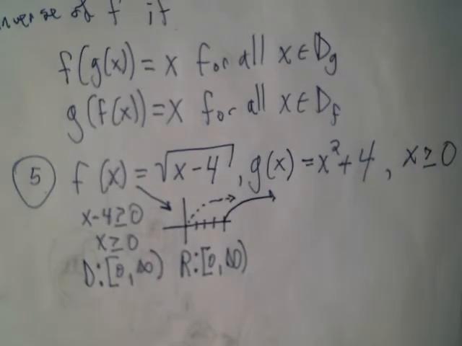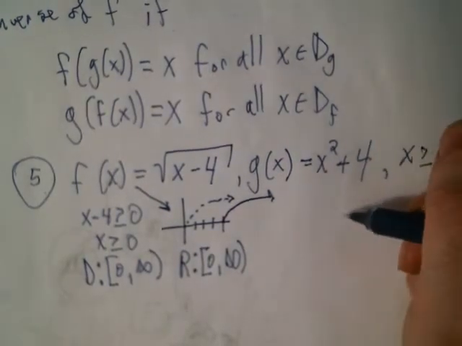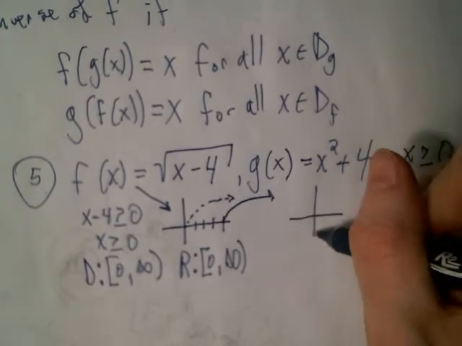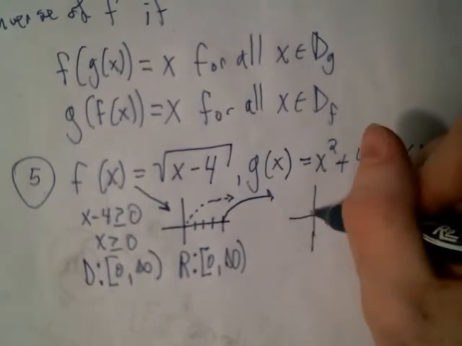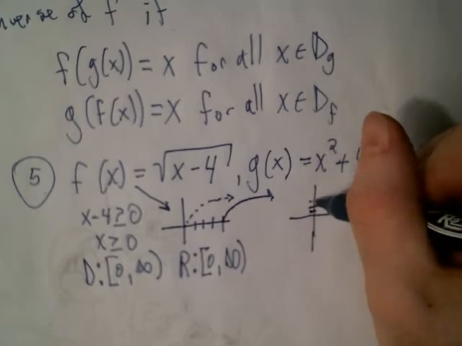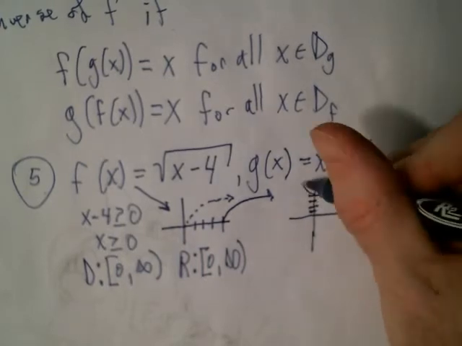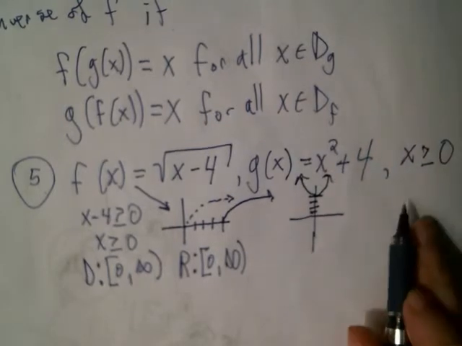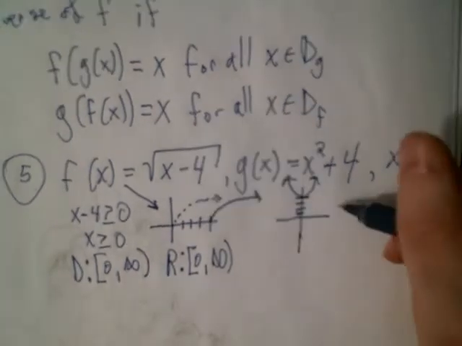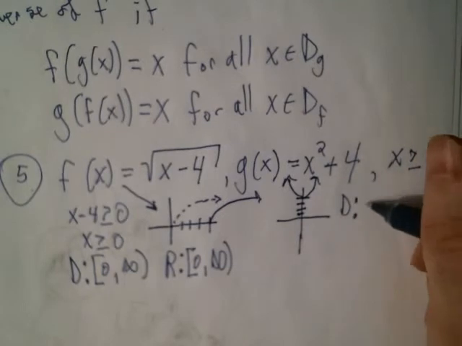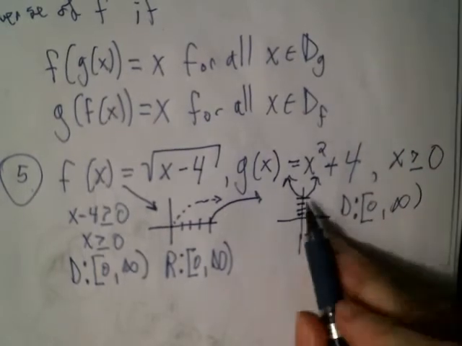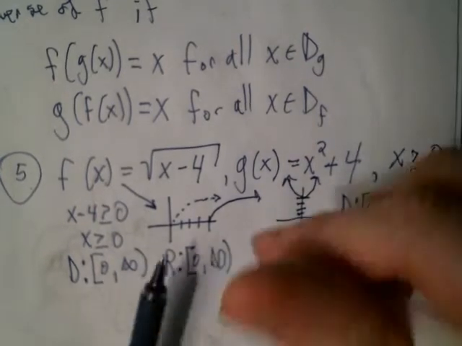Okay, so for the other function, if we want to graph it, we can, I guess. Might as well. It's just the parabola shifted up 4, so it should look like this. And then the domain is given, so that's not exactly the graph. The domain from 0 to infinity suggests that we're not actually looking at this part here.